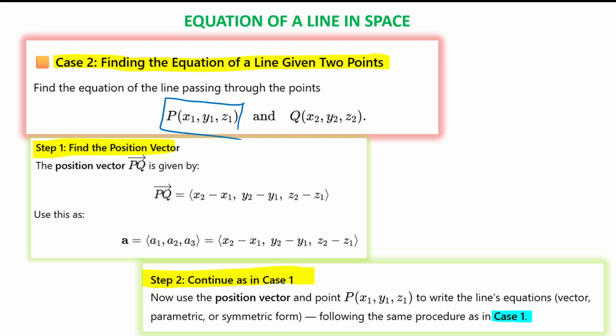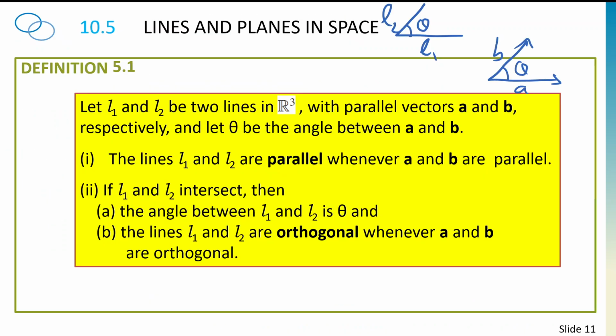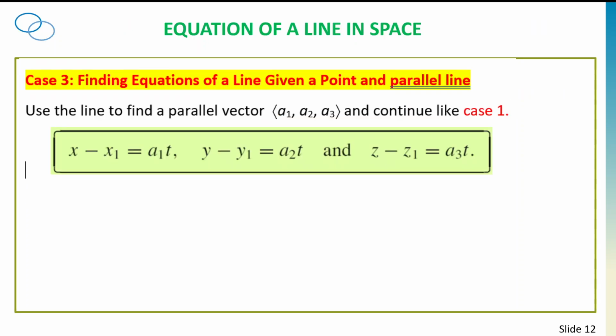The third case we saw is if we have 1 point, notice the common thing between all of them is that they have 1 point given. They always play around with the vector. And we have 1 point and a parallel line. If I have a parallel line, I'll use the equation from the parallel line to get a parallel vector.